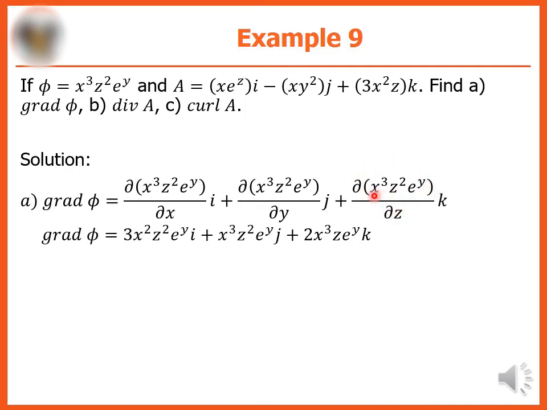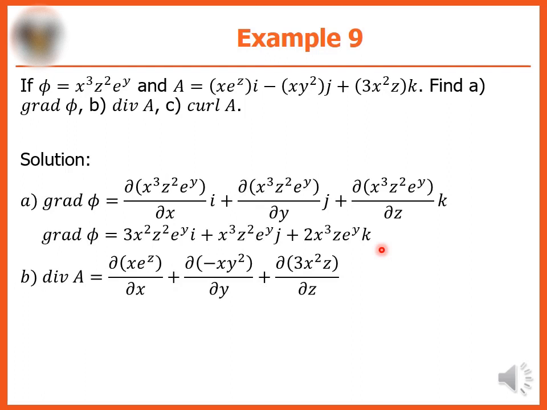Your x and y are constants. So the derivative of z squared is 2z. So we now have 2x cubed z e raised to y k. So this is now the gradient of phi.